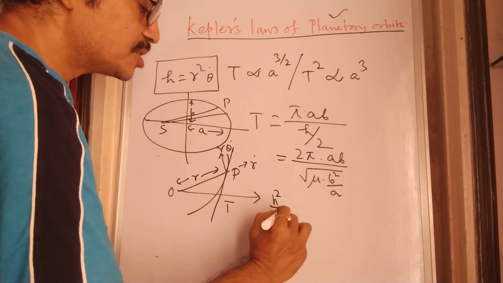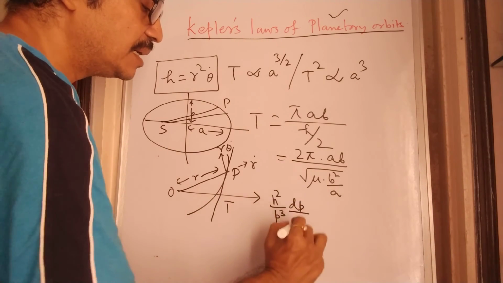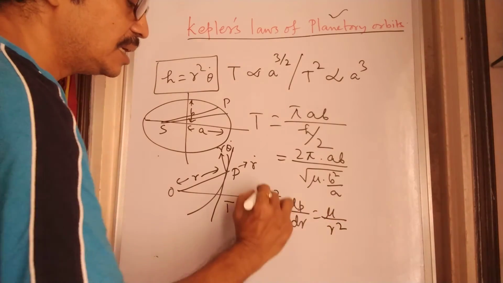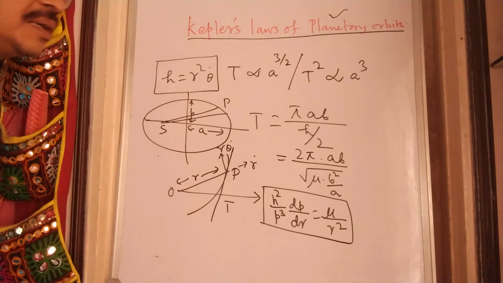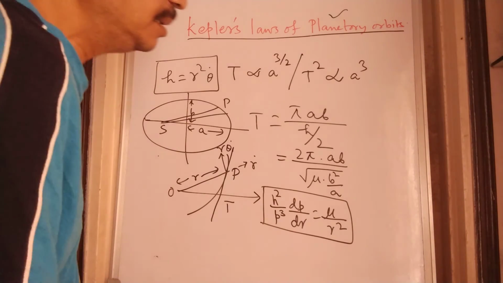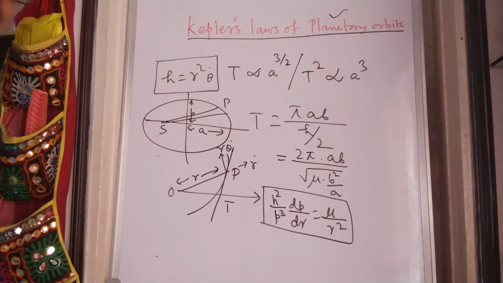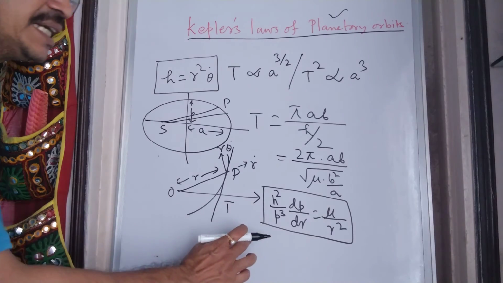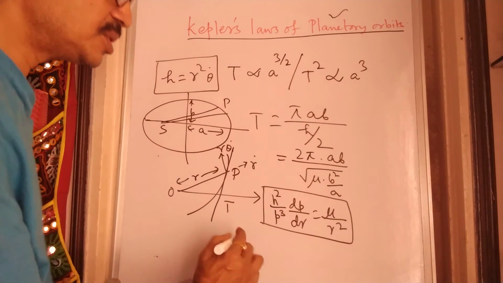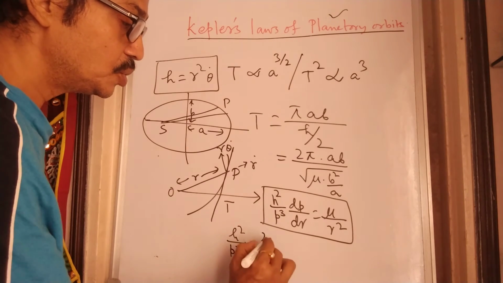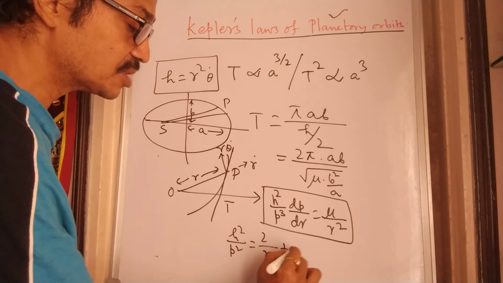of this equation, h square by p cube dp dr equal to mu by r square, from which we get that h square by mu is actually the semi-latus rectum. Whenever we integrated, there is a 2 mu here: h square by p square equal to 2 mu by r plus constant.